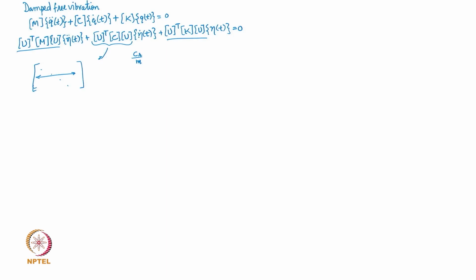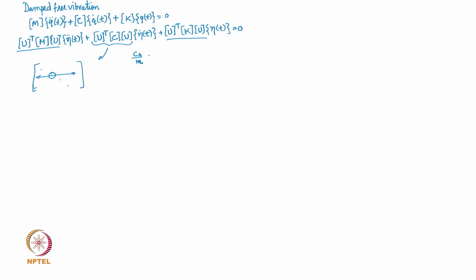So, the pre-multiplication and post-multiplication for this, each diagonal element will essentially be a decoupled equation. If we assume the equations as decoupled, then this diagonal element would be similar to Cr upon Mr.